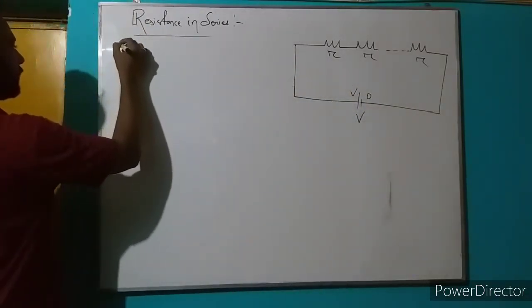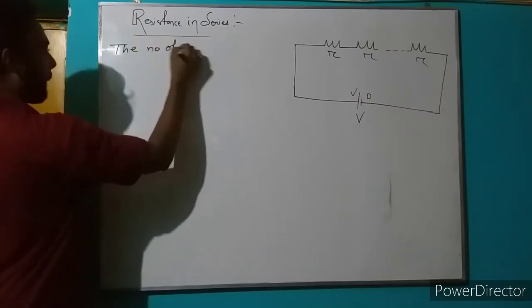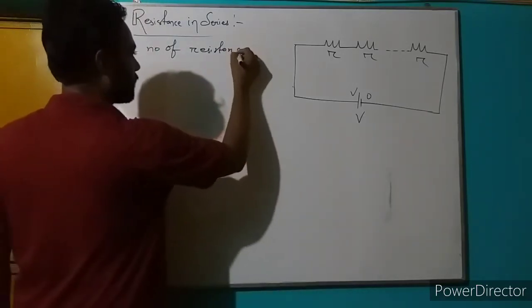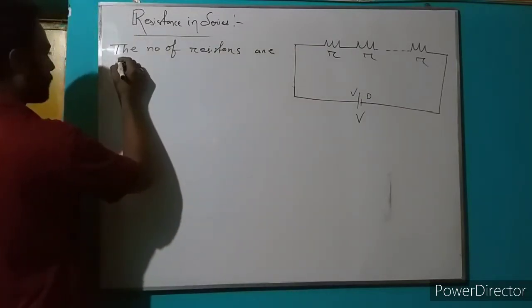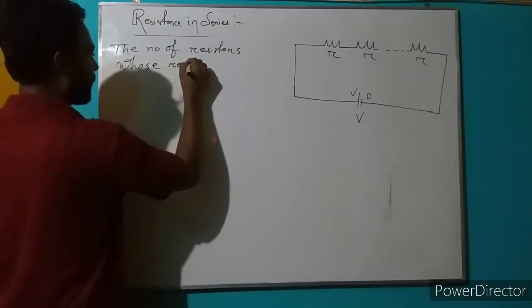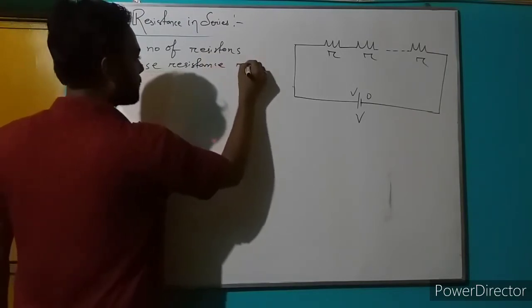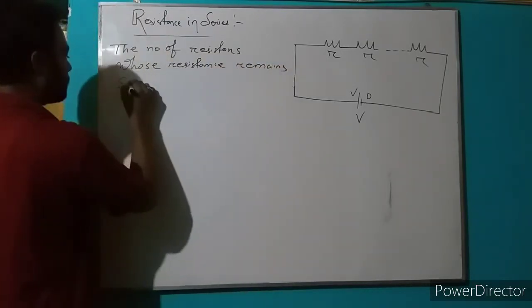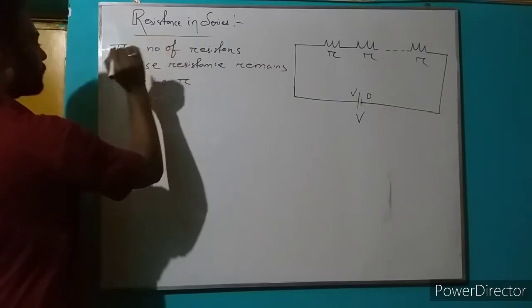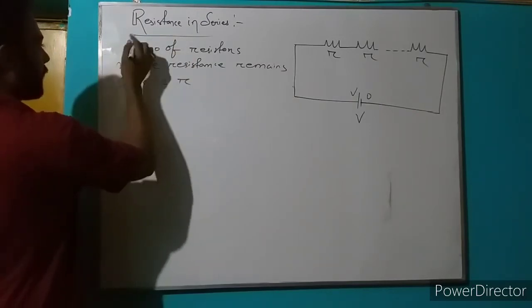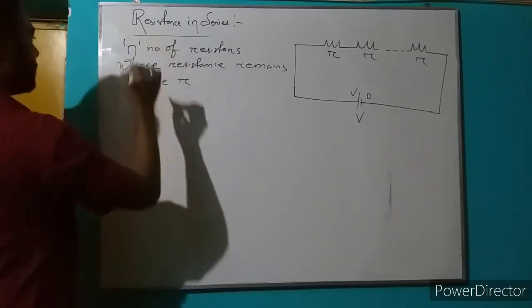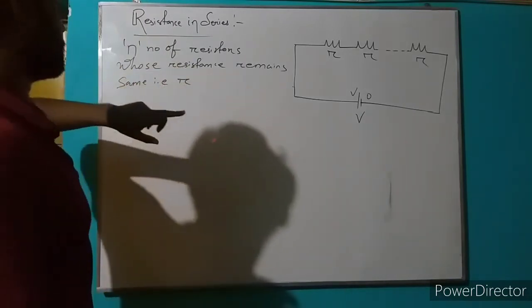Here n number of resistors, whose resistances remain the same, that is R.